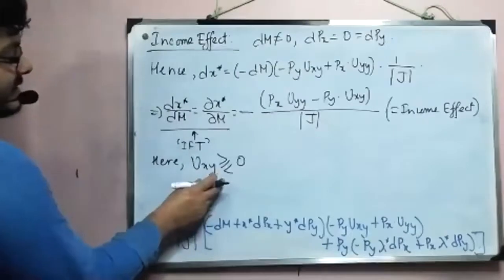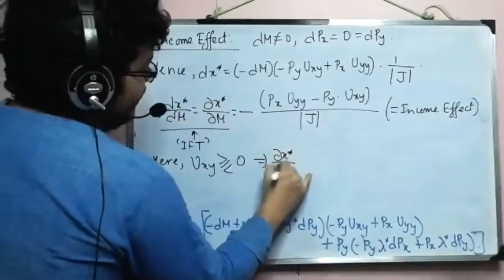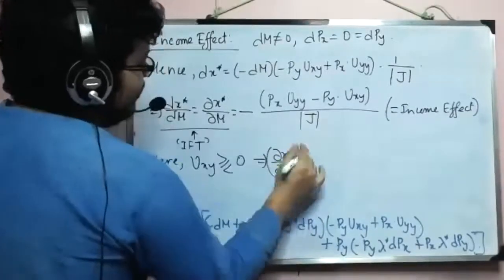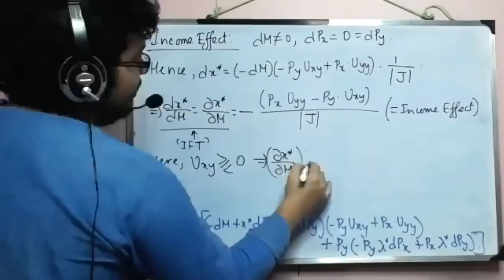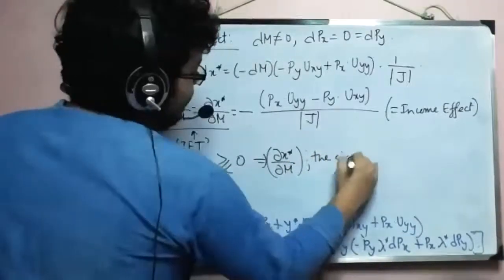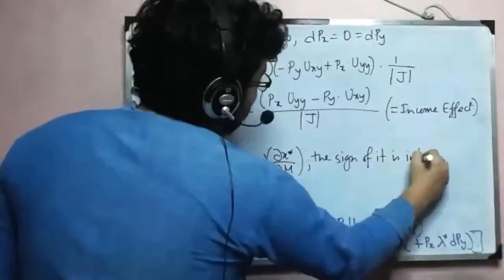So the sign of del x star del m is indeterminate.